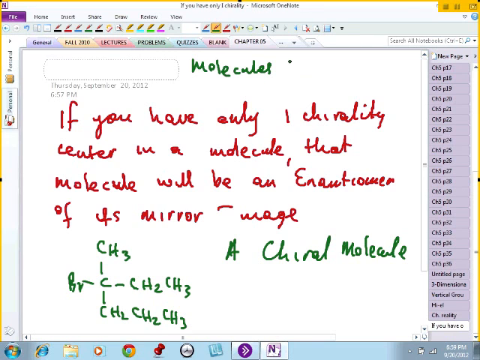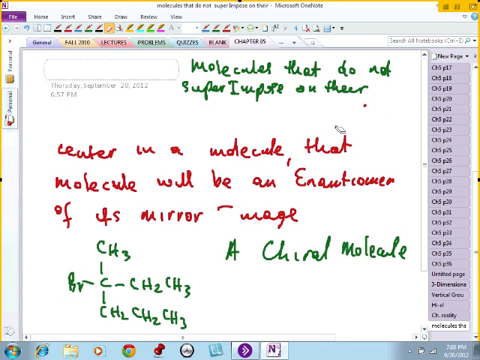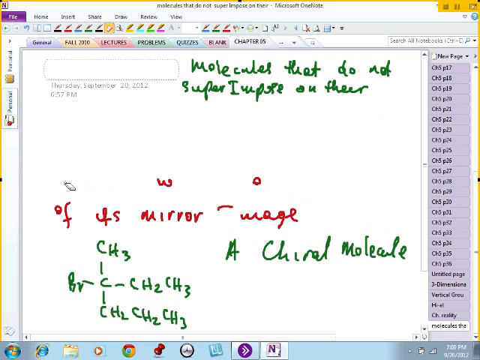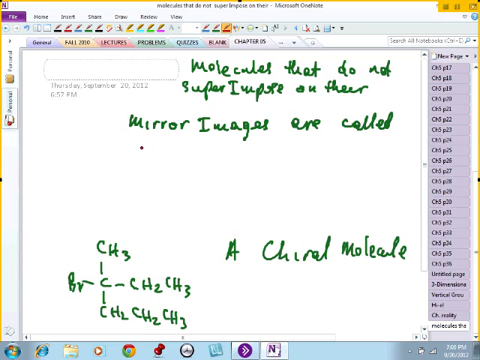Molecules that do not superimpose on their mirror images are called chiral molecules.